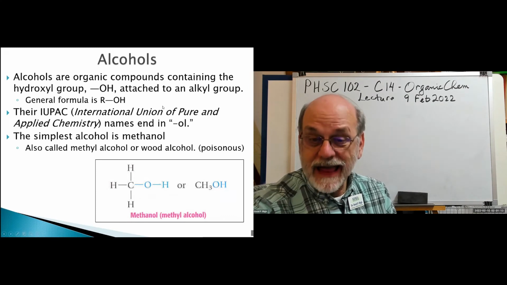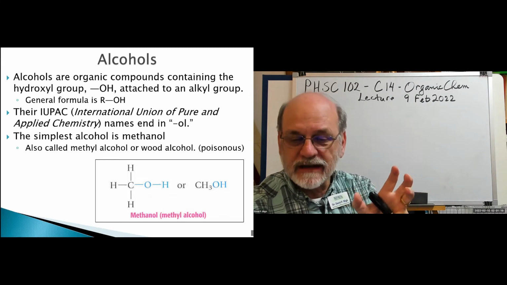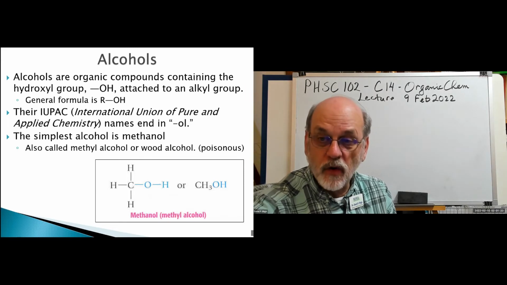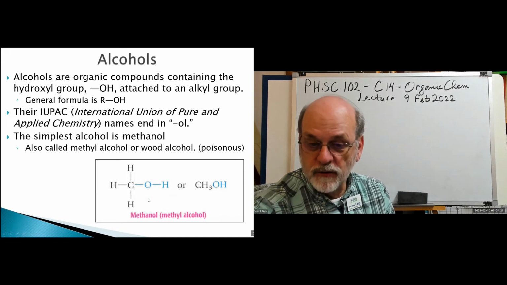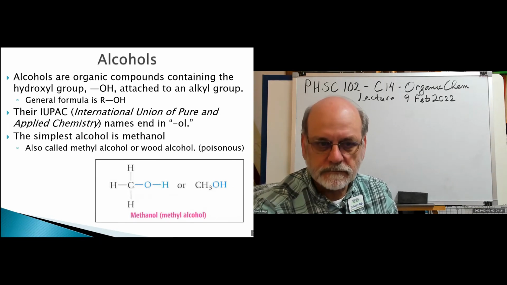And we name the compound based upon its alkane, and we change the ending to -ol. So methane with an OH on it, this example, would be methanol or methyl alcohol.